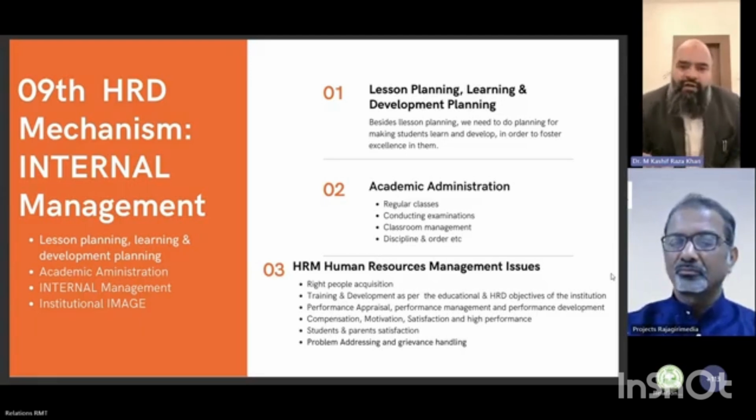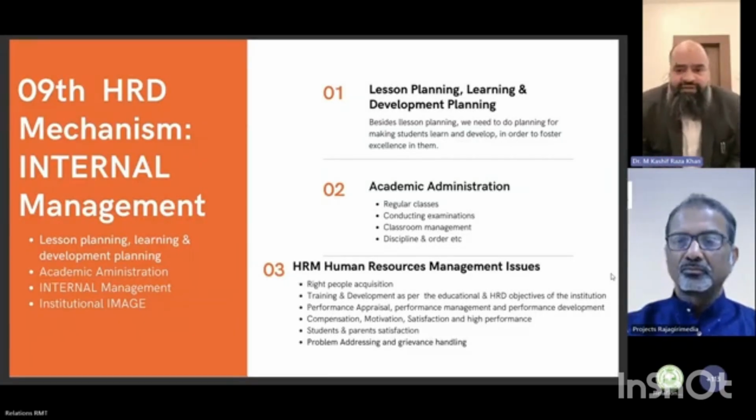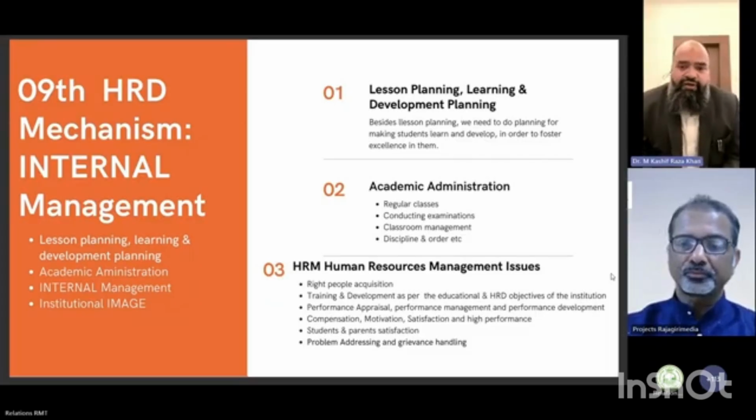So we need to prepare it. The second important point is academic administration, which covers regular classes, attendance, discipline in classroom, classroom management, cleanliness, examinations, examination control, etc.